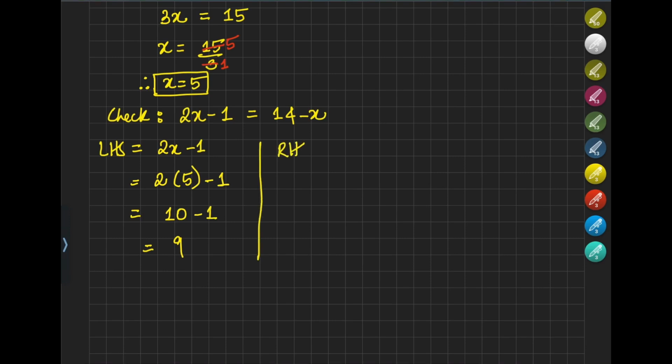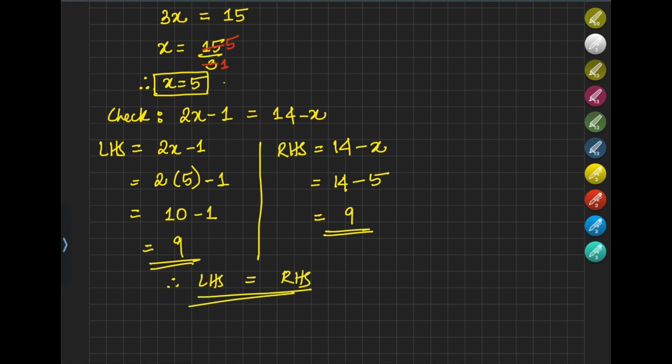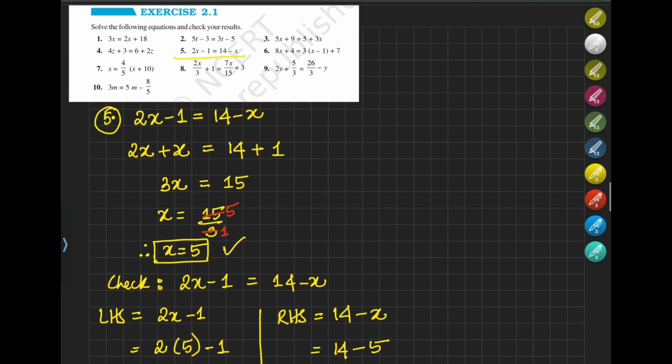In the RHS we have 14 minus x. So the value for x is 5, and 14 minus 5 is 9. We see again that the left hand side is equal to the right hand side, hence the value that we calculated for x is correct. This was question number 5.